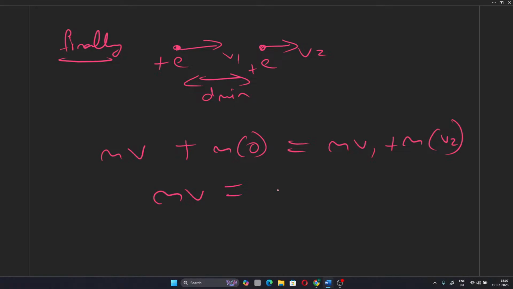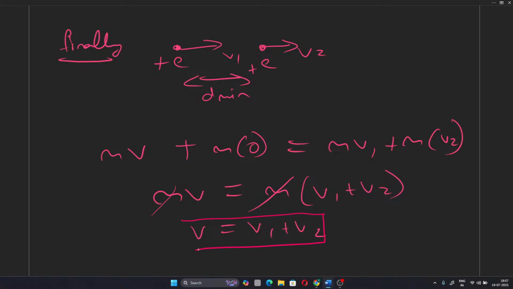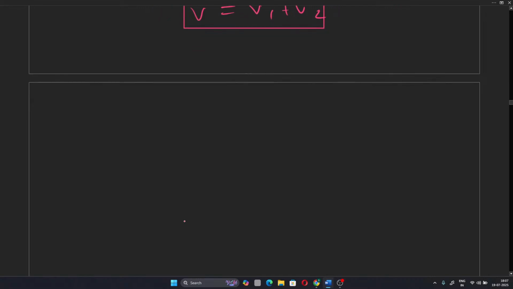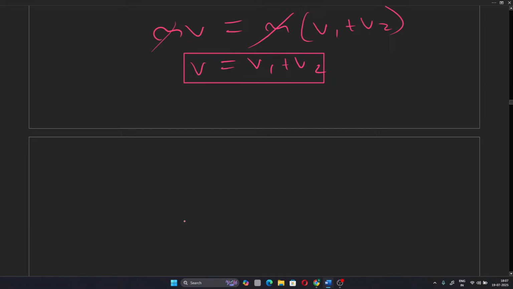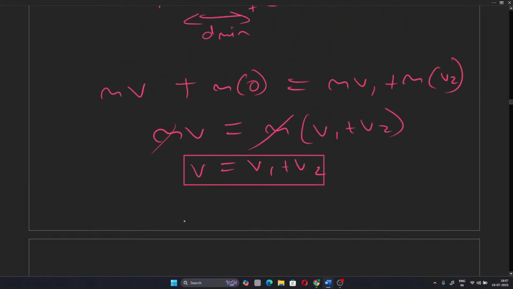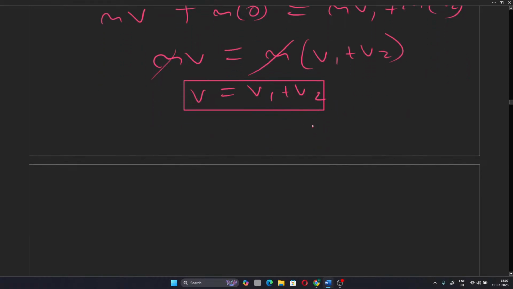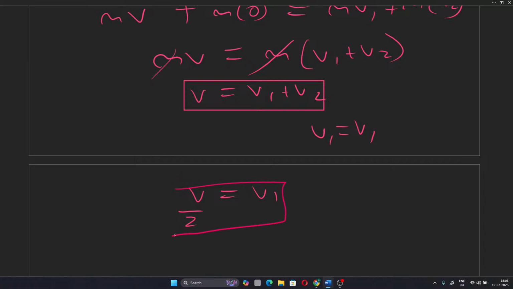So mv equals m v1 plus m v2, so velocity equals v1 plus v2. This is one of the relations we got. It seems that these both should also be equal. So v equals 2 v1, v by 2 equals v1.